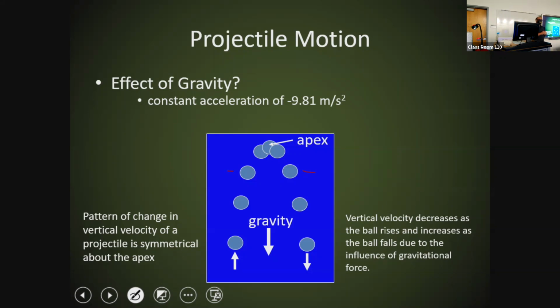So instead of it moving upward and then decelerating in a negative direction towards the ground, once it reaches the apex and starts down on the other side, it is now going to be accelerating in the negative direction, but the acceleration is going to be moving it down towards the ground or floor.